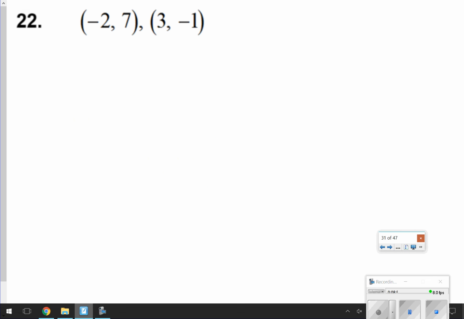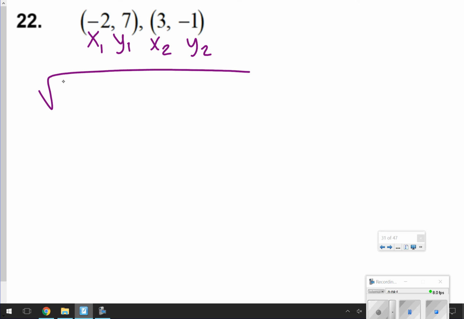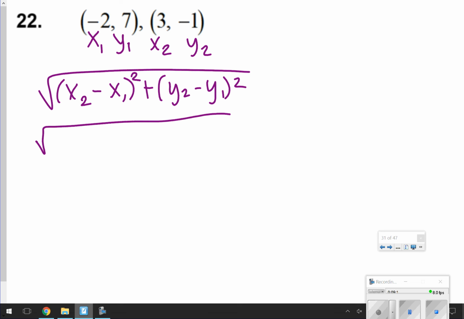Number 22, again, that's a distance formula one. x1, y1, x2, y2. Here's my distance formula: x2 minus x1 squared plus y2 minus y1 squared. x2 minus x1, 3 minus negative 2, squared, plus y2 minus y1, negative 1 minus 7, squared. 3 minus negative 2, again, I'm going to show you a different color here so you can see the differences.